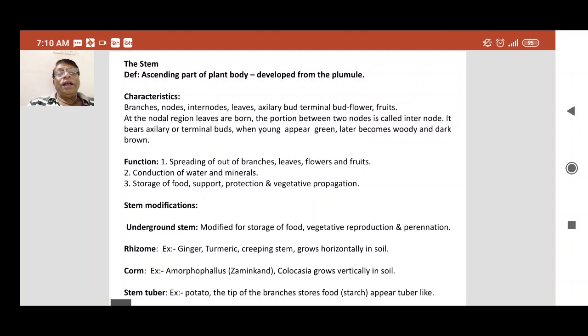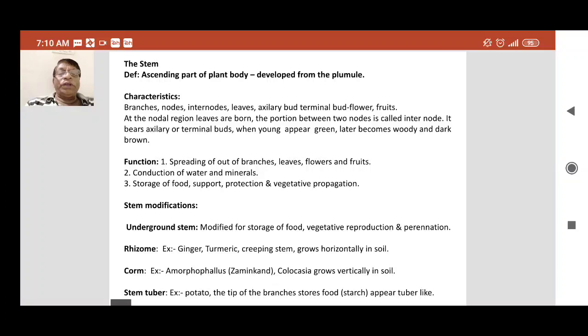Actually, it is not mentioned like that in your textbook or NCERT book. But by studying the modifications systematically, we'll come to know each and every detail.